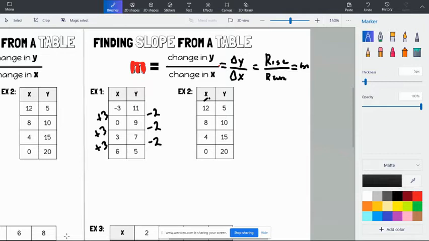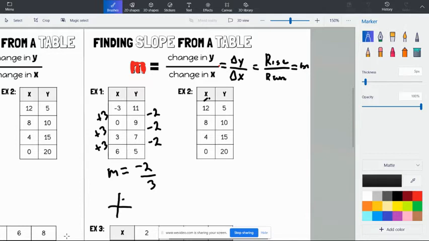Our change in y is -2. Our change in x, +3. Our slope is -2/3. What that means is every time we go down 2, this is a negative value, we're going to go right 3.